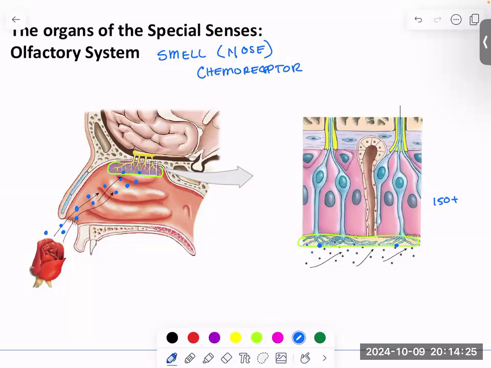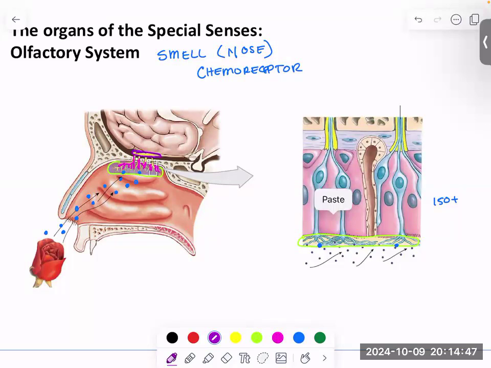So they get stuck to the nose mucus. Here in pink are your actual cranial nerves. Those are the olfactory nerves. Then you have the olfactory bulb where they all connect to. That's how it's different.